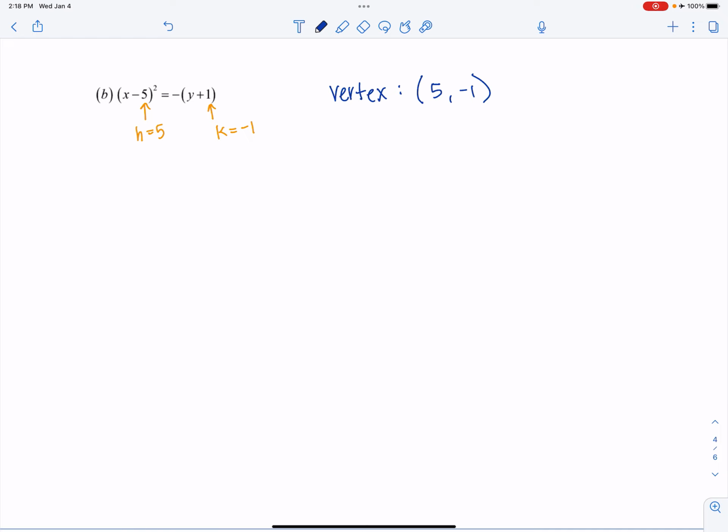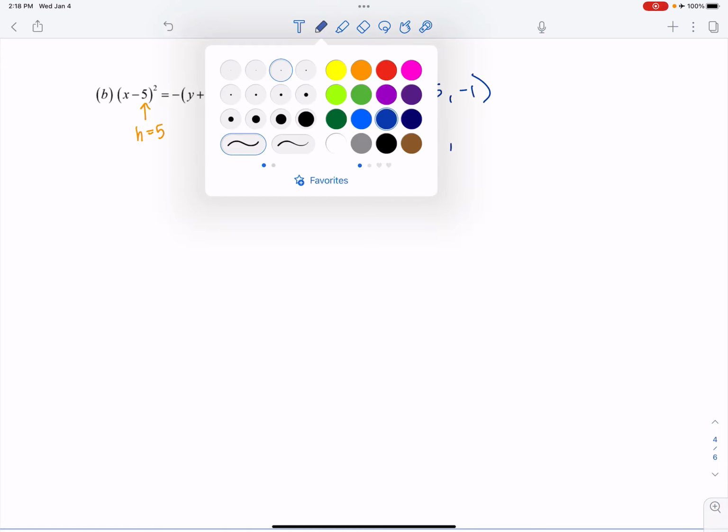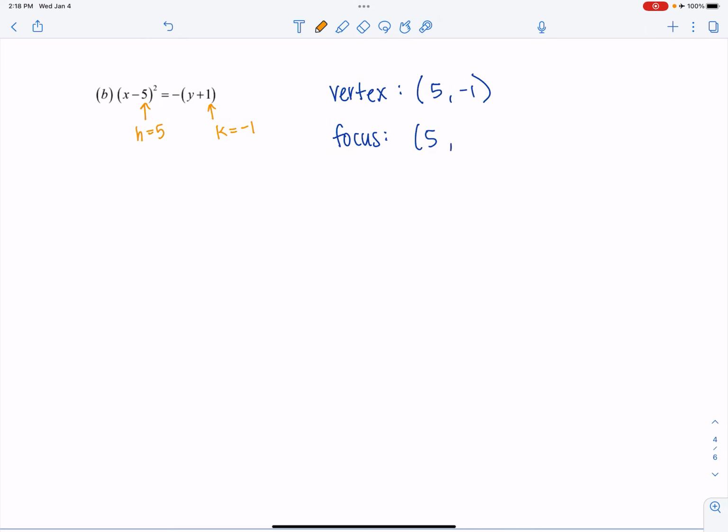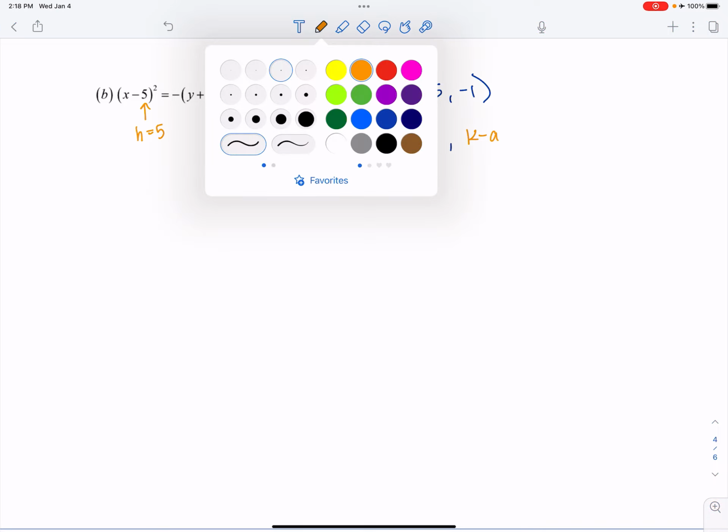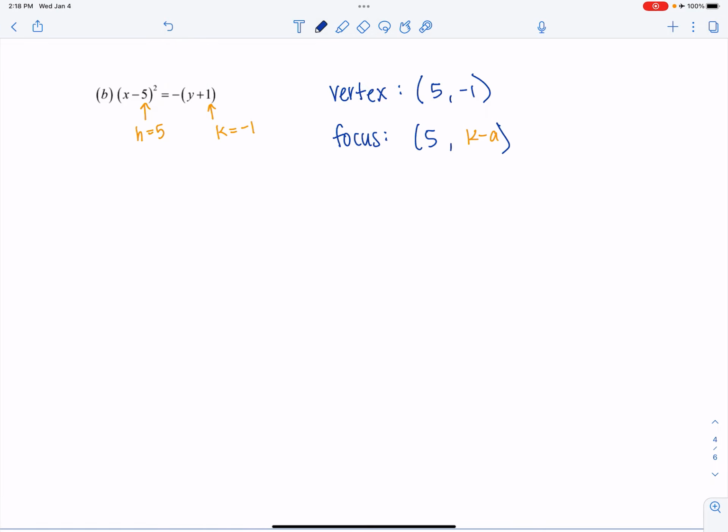And then our focus is at 5, and then our second value is actually k minus a. And so we need to know what our a value is. In this example, we're going to look right here.